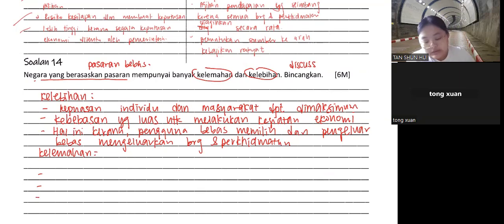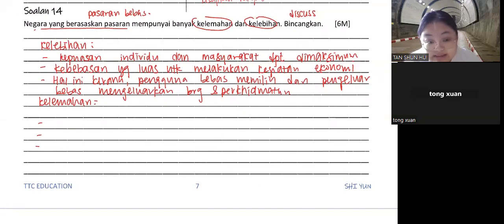Now, how about weaknesses? What are the weaknesses in pasaran bebas? The bad thing. The bad thing is income is not balanced. Agihan pendapatan tidak setara.